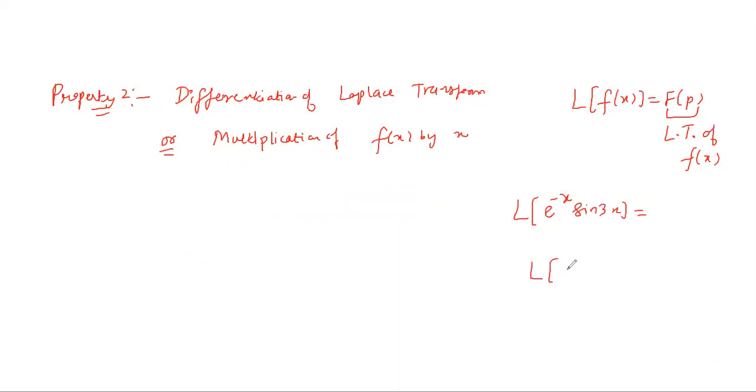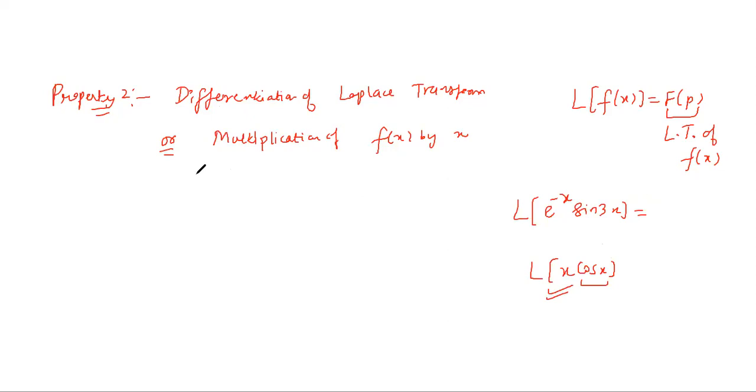But what if you get questions like x cos x? You already know the Laplace transform of cos x, but what happens if you multiply this with x? This does not come in the category of standard formulas. This kind of example will be covered here. What happens to the Laplace transform when you multiply f(x) with x?